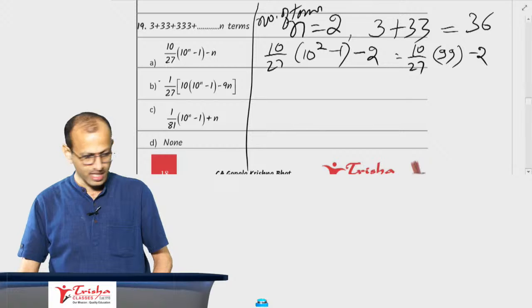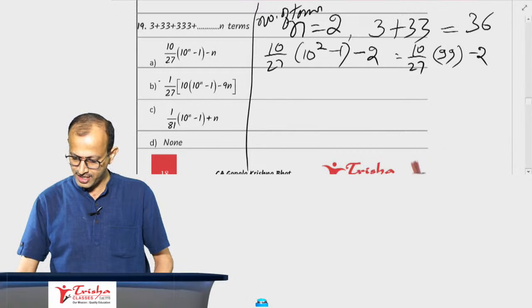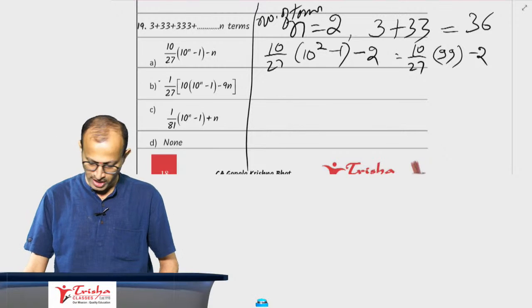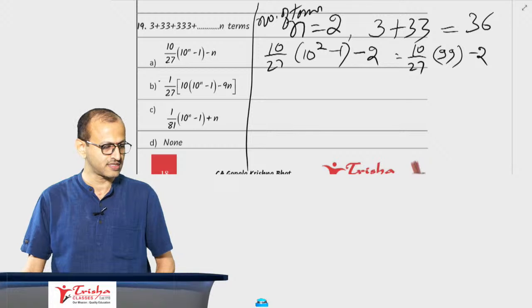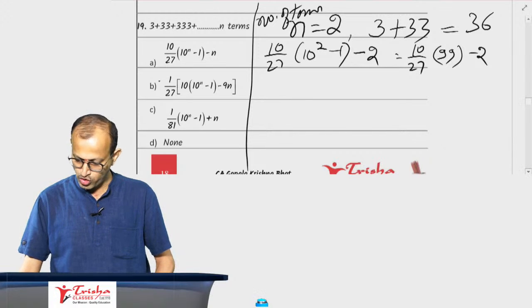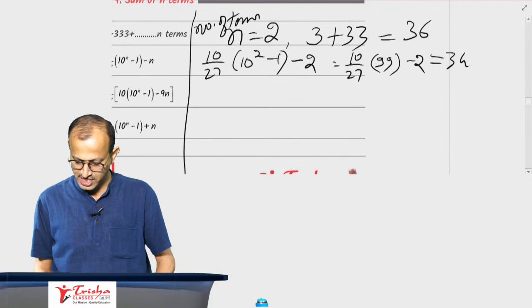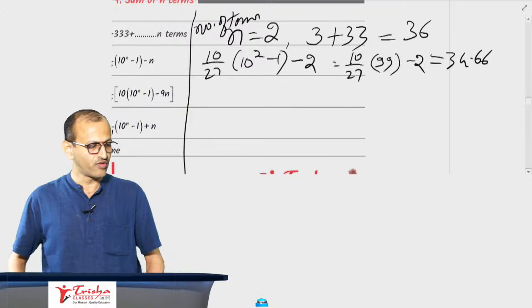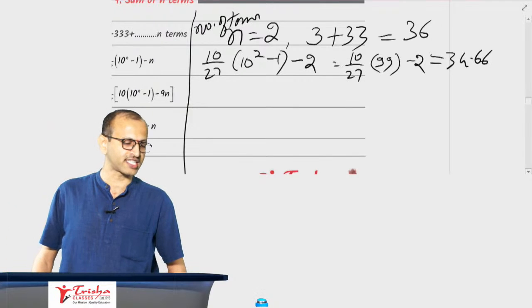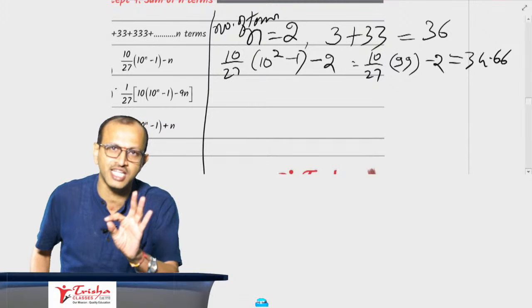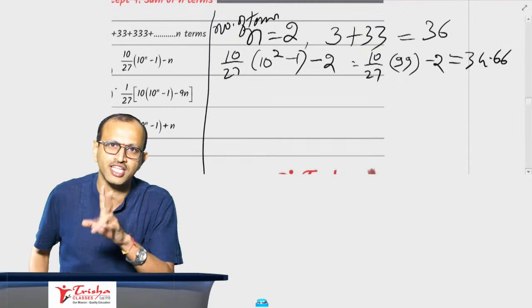Calculator: 99 into 10 divided by 27, minus 2. Will you get 34.666 in your calculator? I should have got what answer? 3 plus 33, is it 34 or 36?